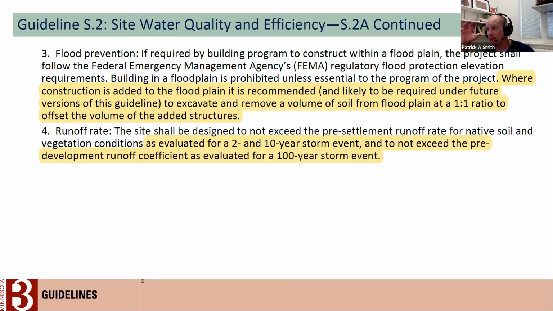So doing a pre-settlement 2 and 10-year event match for the runoff rate and runoff coefficient, and for the 100-year storm event, the pre-development condition. So this applies a pre-settlement condition for the 2 and 10-year and a pre-development condition for the 100-year.